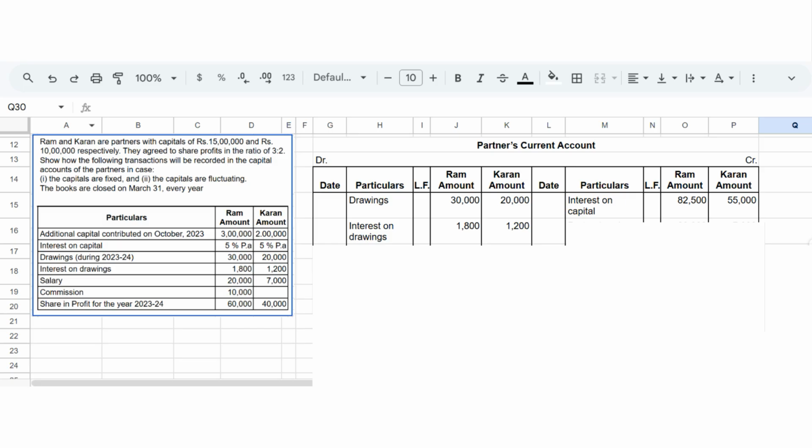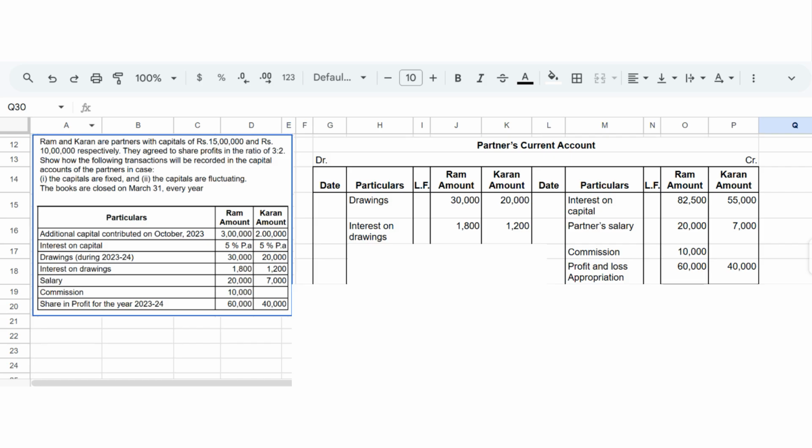Salary 20,000 and 7,000. So partner's salary 20,000 and 7,000. Next, commission. Commission is only for Ram, 10,000 rupees. So commission 10,000 in Ram column. Next, share in profit for the year 2023 and 24, that is 60,000 and 40,000.